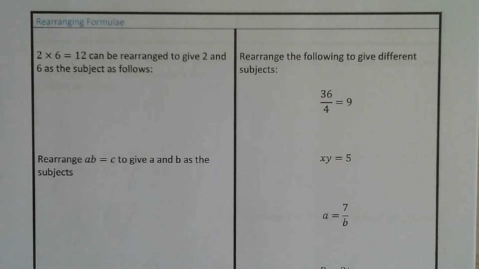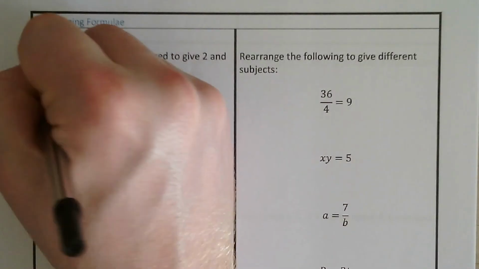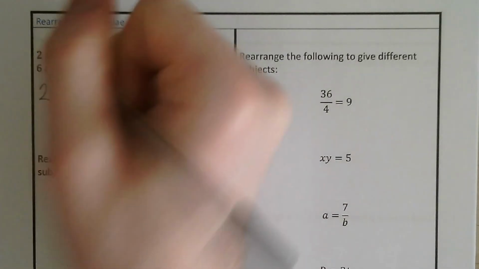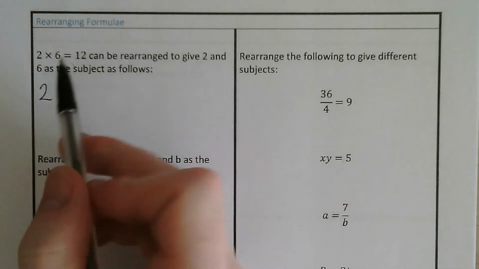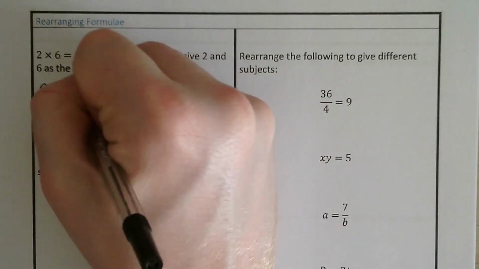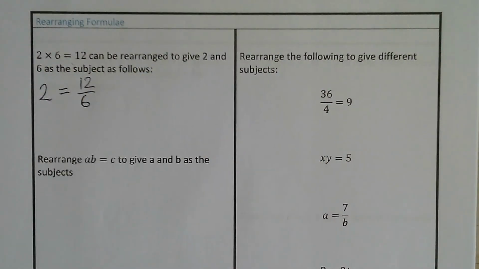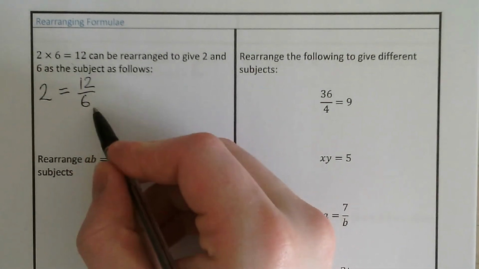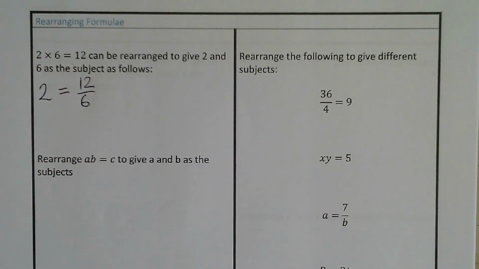If I wanted to make 2 the subject, I would need to isolate 2 by itself, which means I need to undo the times by 6, so I would have to divide both sides of the calculation by 6. And this makes sense because 12 divided by 6 does equal 2.